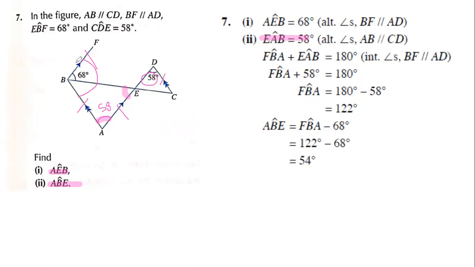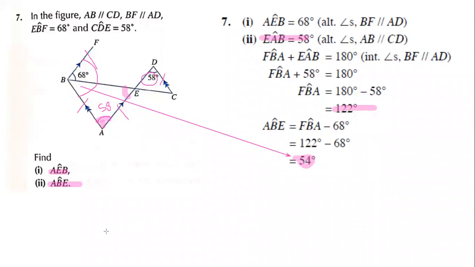And in order to find this whole angle, we have the angle here and the angle here. So this total angle is 180 minus 58, which is 122. Yeah. So 122 minus 68 gives you 54, which is the angle here.